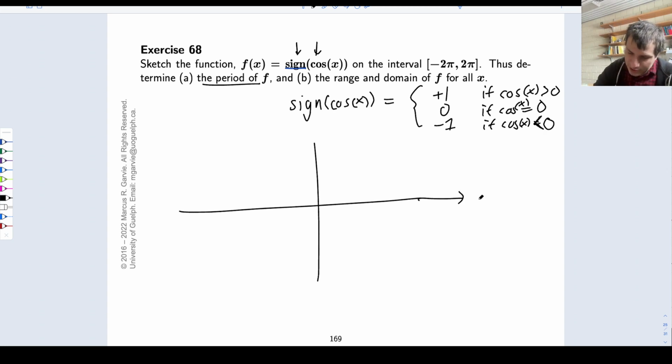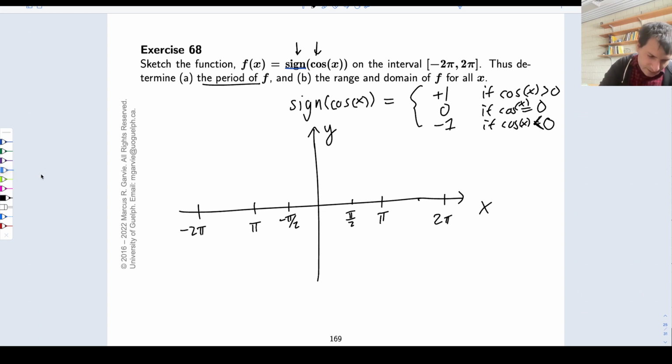So if I draw a picture of cosine first, don't do the function directly, let's do cosine first. What does cosine look like? We're on the interval here. Here we'll say is 2 pi, here's pi, here's pi by 2, here's -pi/2, -pi, and -2 pi will be somewhere over here. I'm going to draw it with a dotted line.